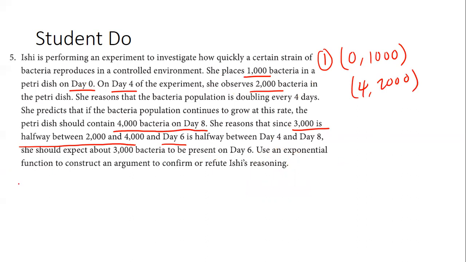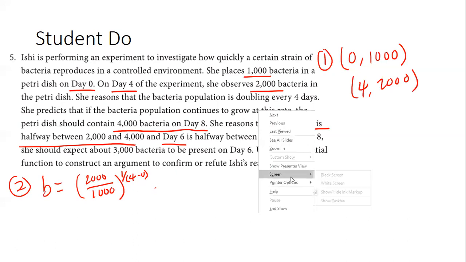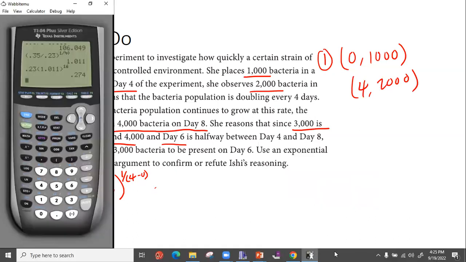So now we're going to solve for our B. So B equals 2,000 divided by 1,000 to the 1 divided by 4 minus 0. Okay, so I'm going to go to my handy dandy calculadora and put that in.